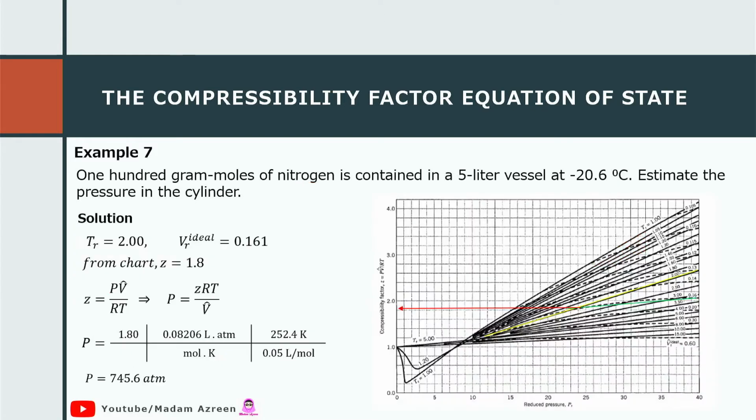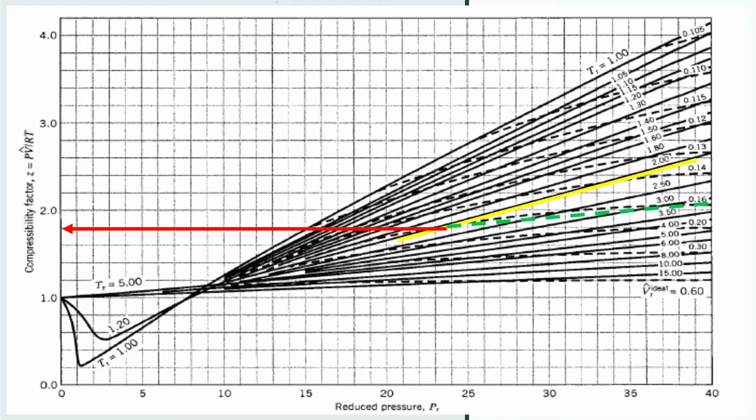Okay, at the chart you can see. I really hope that you can see it clearly and try to zoom in. Okay, and from the chart you can determine the value of Z, and using this formula you can determine the value of P. Okay, I did zoom in the chart for you, whereby this yellow line is the value of TR, and this green dotted line is the value of VR.